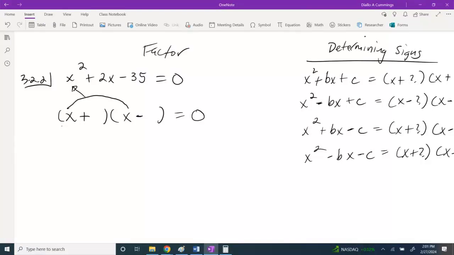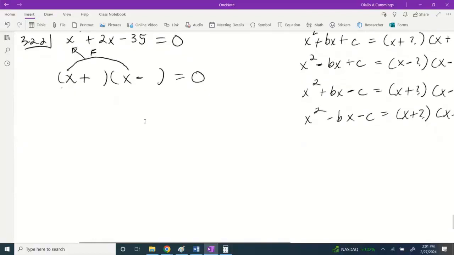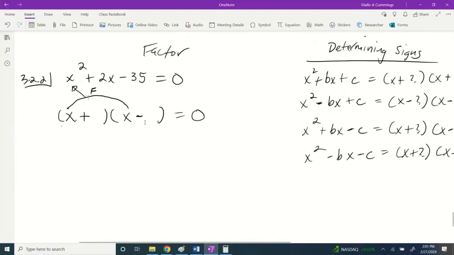So once you make your two sets of parentheses, determine what should go into the front of your parentheses. Keep in mind that they should multiply to give you the first term in your trinomial. So that's the F in the FOIL method. The next thing you do is determine your signs. In this case, our last term was negative, so one of the numbers is positive, one is negative. Now we're going to use what's called the product sum.